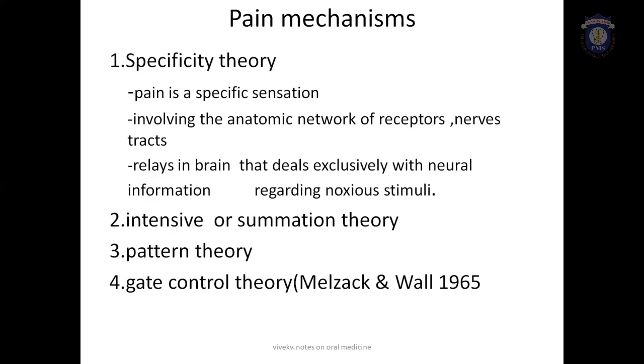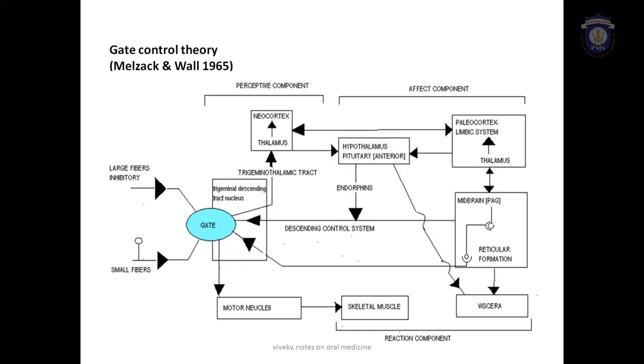But in 1965, Melzack and Wall introduced the gate control theory, and gate control theory is even now accepted as the theory of the pain mechanism. It is the theory proposed by Melzack and Wall in 1965 and is still the accepted theory regarding pain generation, transmission, and perception.